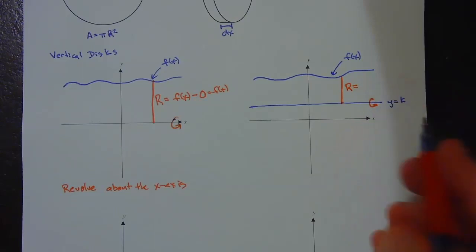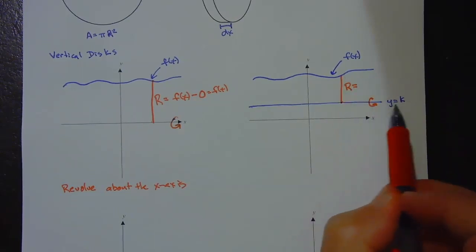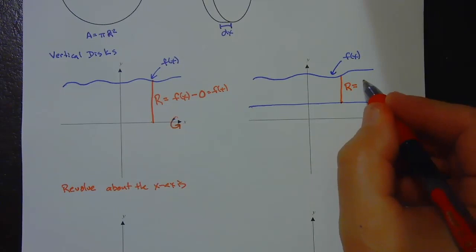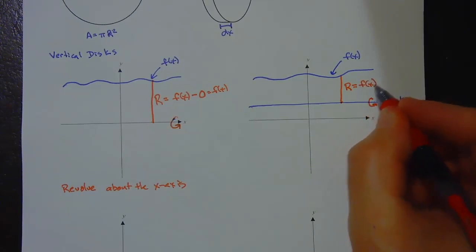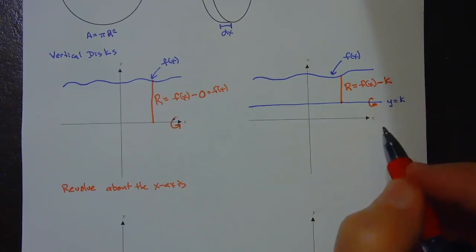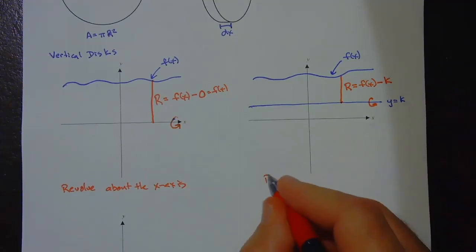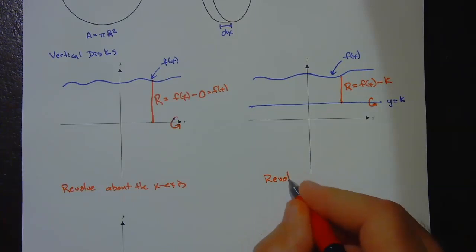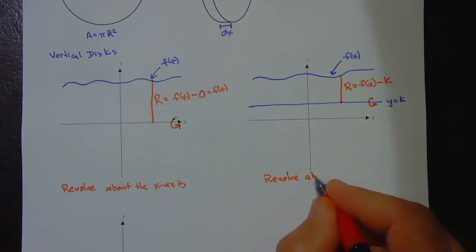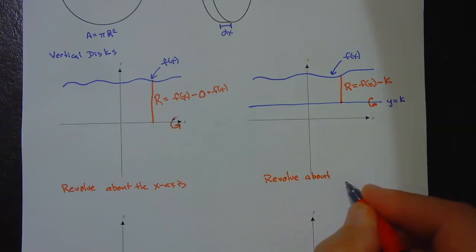In this case it wouldn't be f of x minus 0, because that's got shifted up. It's going to be f of x minus k, and that would be your radius. What we're doing here is revolving about the line y equals k.